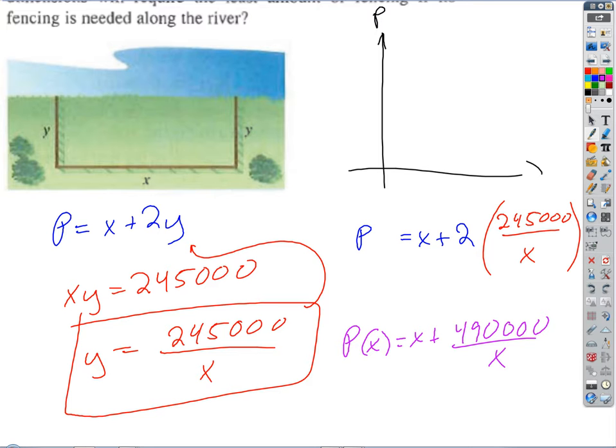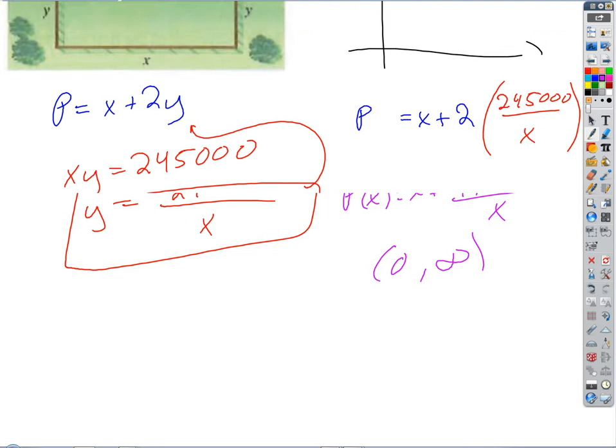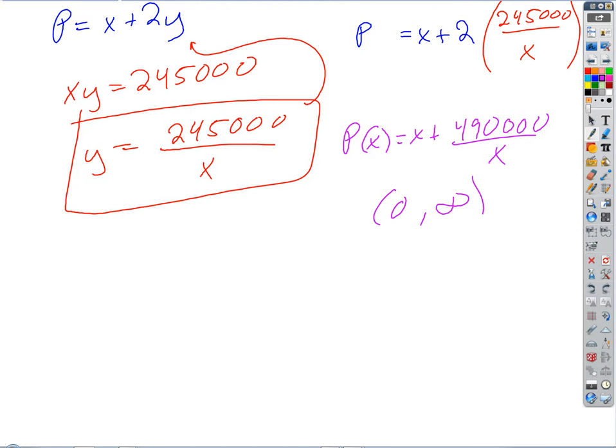But if I could do it, right? That's going to use a lot of fencing, right? So my domain in this case would actually be something like that, right? There's no limit to how long that fence could be, right? As long as Y got really small. But I'm just going to graph this thing on that domain and just see what I get, right? Let's do it. Let's see what we get.